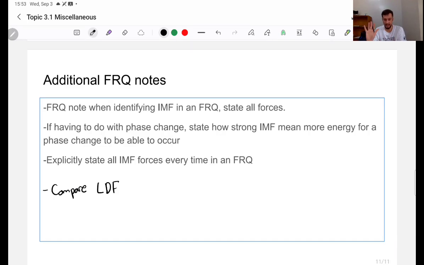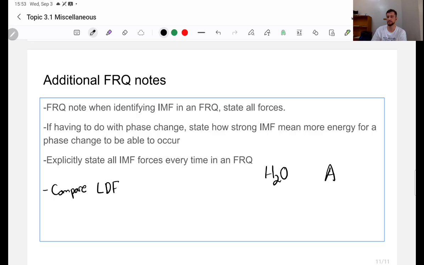Well, if it is like that, then you also need to say, if we're comparing, let's say, water and a similarly sized molecule, chemical A, and they both have about the same molar mass, you should say the LDF forces on both of these are really similar, but water has hydrogen bonding, so therefore its overall intermolecular forces are stronger, something like that.